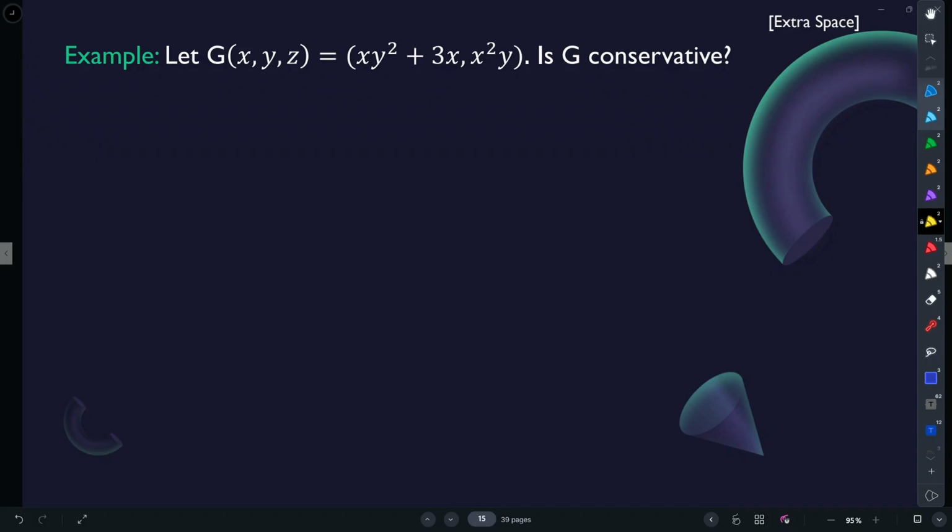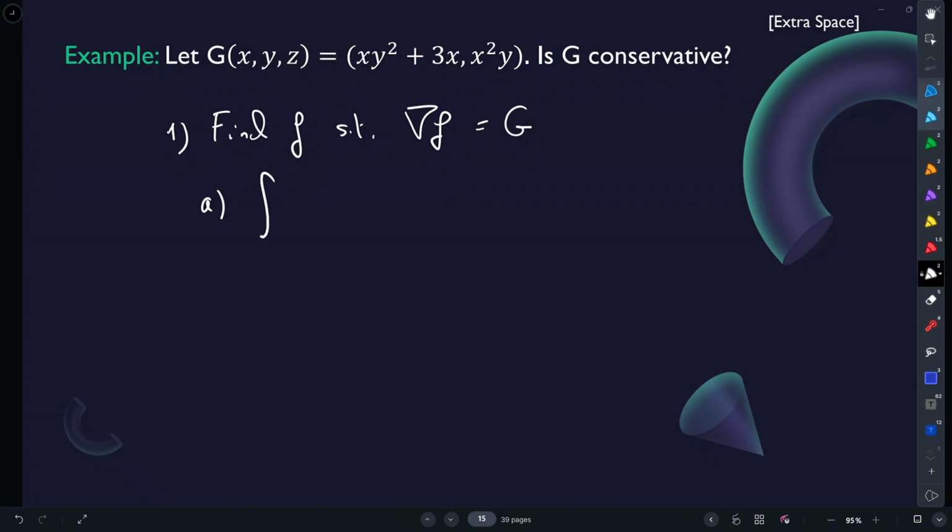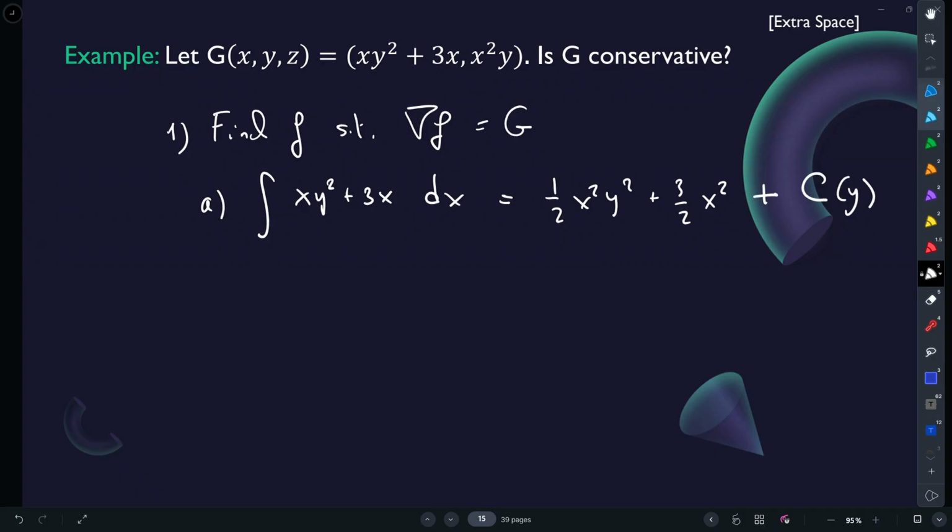So let me just spell it out again here. The first step to find f such that the gradient is G is to take the integral of the first component with respect to x. This is going to be a function of x and y plus a constant. So this was a half x squared y squared plus 3/2 of x squared plus a constant that could depend on y.